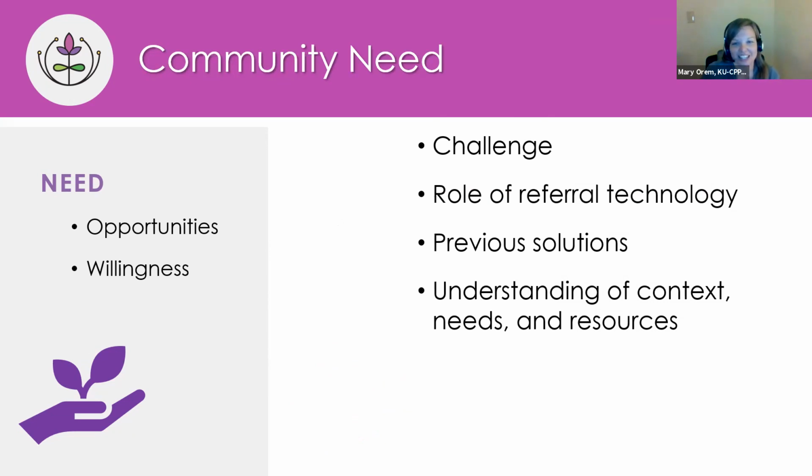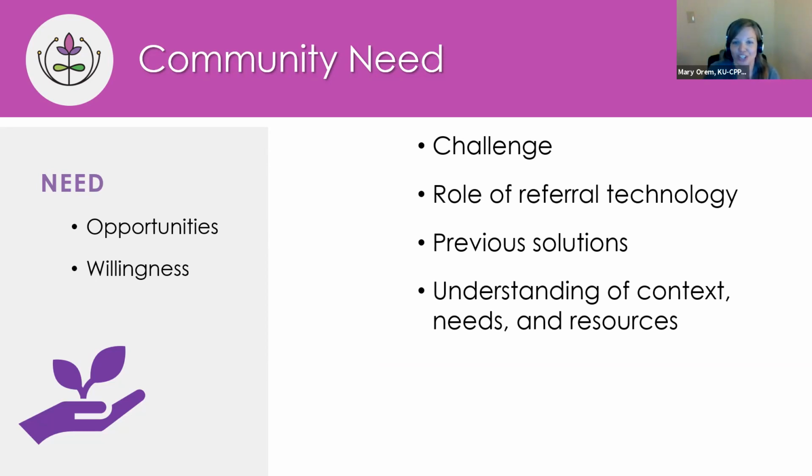So the first we see here is community need. So when assessing community need, it of course is important to ask some fundamental questions. What challenge, whether at the community or state level, is motivating the desire to implement a new approach? What's the vision for how technology can help address this challenge?